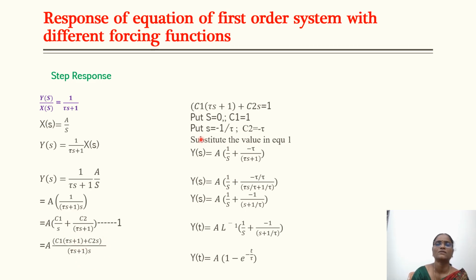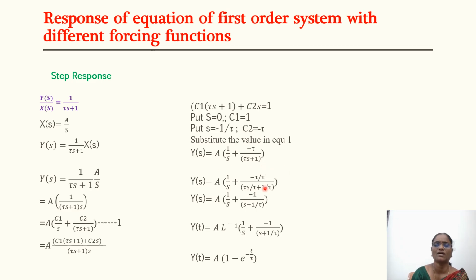Both denominators are the same, so you can equate the numerators. In this numerator, substitute different values for s. If you take s equal to 0, you get c1 as 1. Put s equal to minus 1 by tau, and you get c2 as minus tau. Substitute both constant values in equation 1, and you get the form 1 by s plus minus tau divided by tau s plus 1.